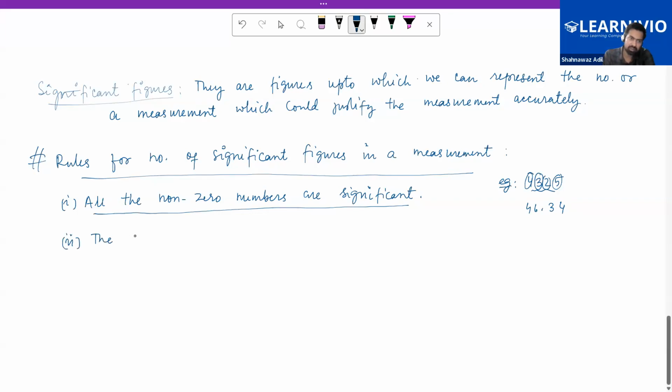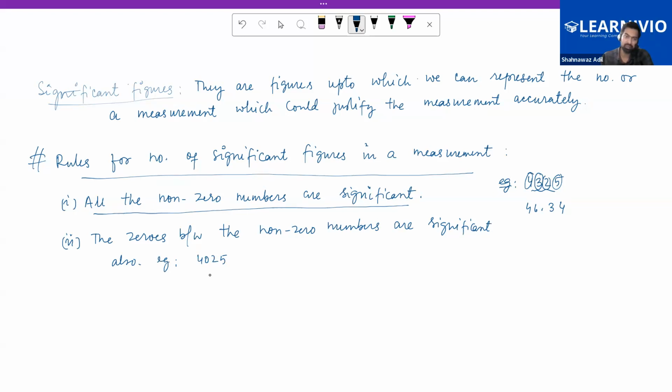And then the zeros between the non-zero numbers are significant also, right? For example, if I write, let's say, 4025, how many significant figures do I have?